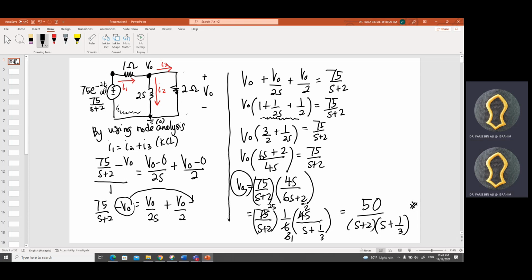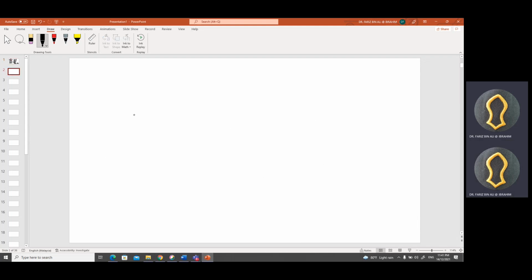This is the answer, V naught in S domain, but I have to convert this to time domain. Before you can convert that, you need to use partial fraction. Okay, so let's do that.